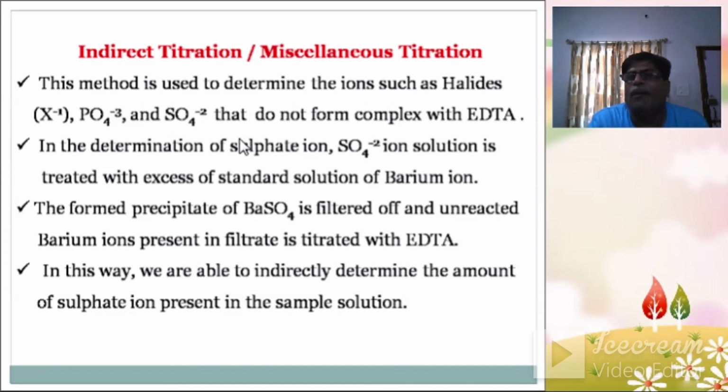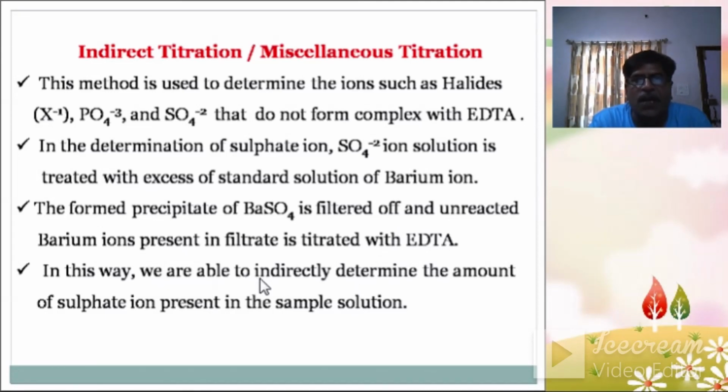The precipitate of barium sulfate is filtered off, and unreacted barium ions present in the filtrate are titrated with standard EDTA solution. In this way, we are able to indirectly determine the amount of sulfate ion present in the solution.